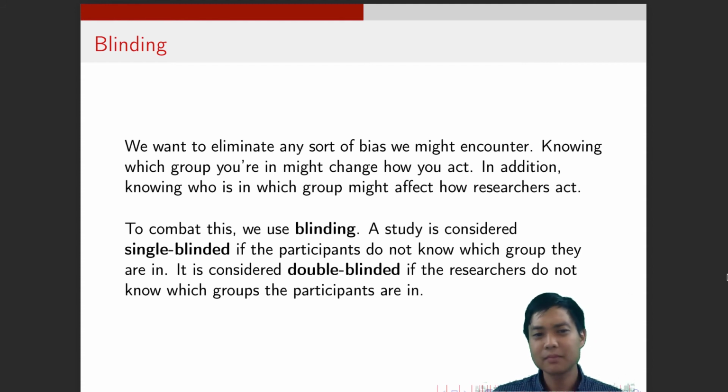And so to combat this, we use blinding. Basically, a study is single-blinded if the participants do not know which group they're in, and it's double-blinded if the researchers also do not know. This might prevent things like researchers applying preferential treatment to people in the treatment group, and you do want to take that out of the equation as well.